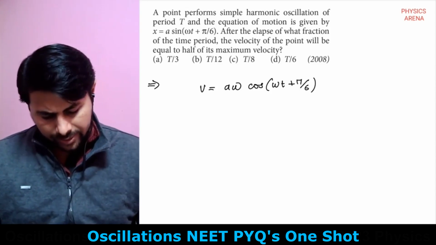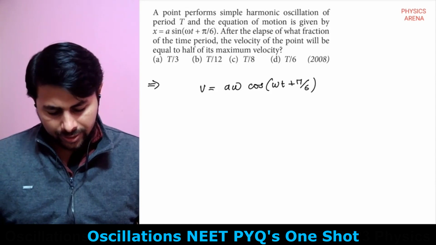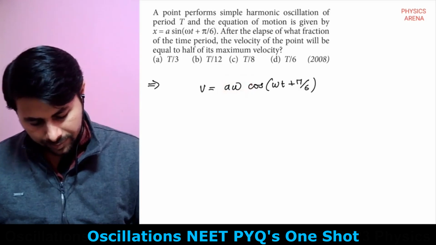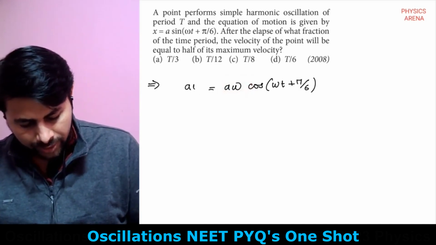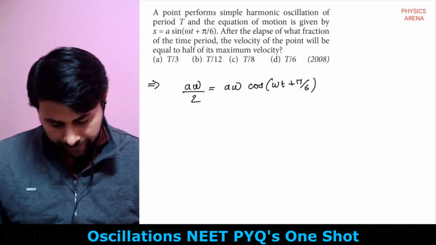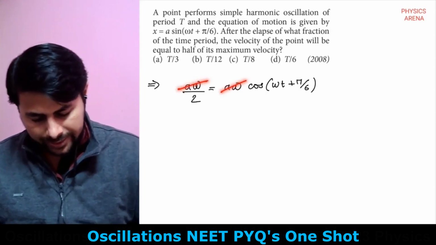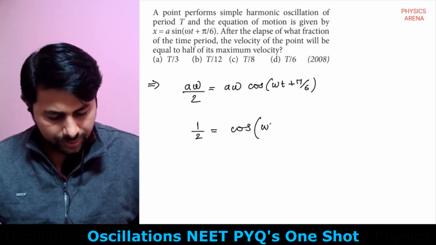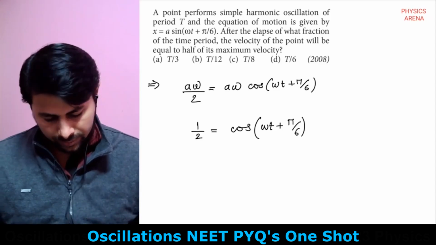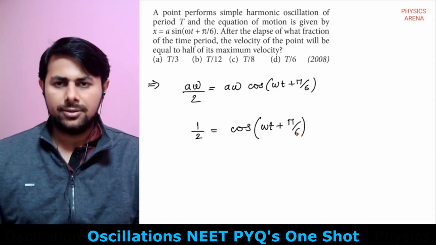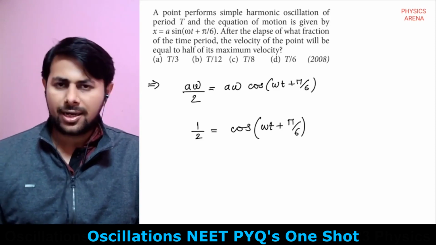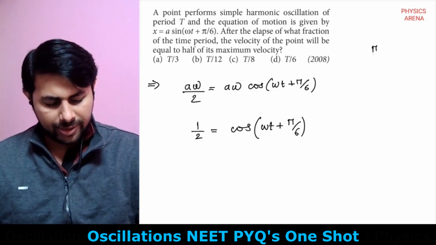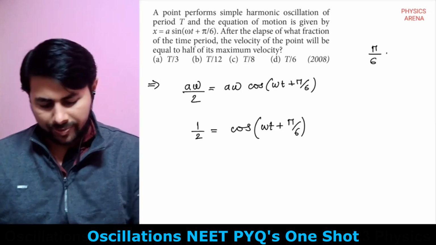We want the time at which the velocity becomes half of the maximum value. The maximum value is a omega, so the velocity is half of that. a omega and a omega get cancelled, so we get half equals cos of omega t plus pi by 6. So how much should this angle be? Cos of which angle is half? 60 degrees, right? 60 means pi by 3.